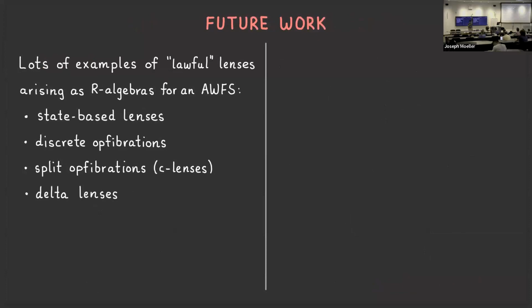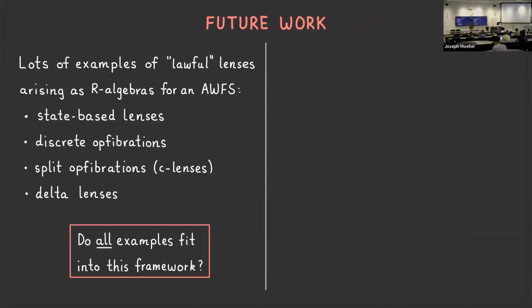Okay, some future work. I've tried to tell you lots of examples of these lawful lenses, these lenses that satisfy axioms, arising as R-algebras for an algebraic weak factorisation system. And so I've listed them there. I might ask, do all of the examples fit into this framework?